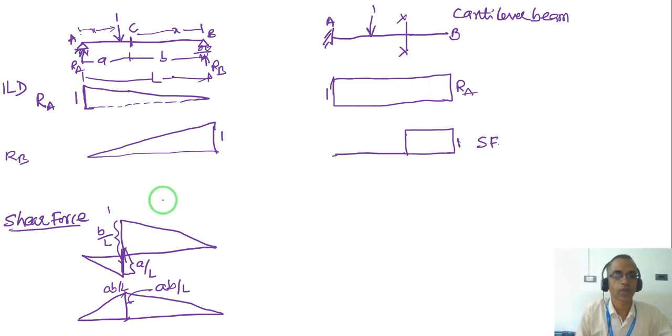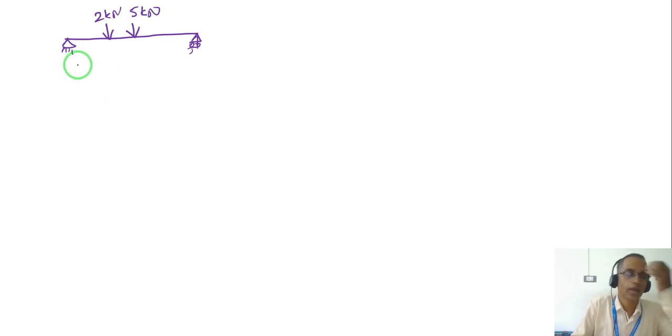Now you may ask, how do you find the total bending moment and total shear force for the simply supported beam? Suppose the question is given: I have a simply supported beam with two point loads, 2 kilonewton and 5 kilonewton, at a distance of 2 meter, and this is a distance of 2 meter, and the total span is, let us say, 8 meter.